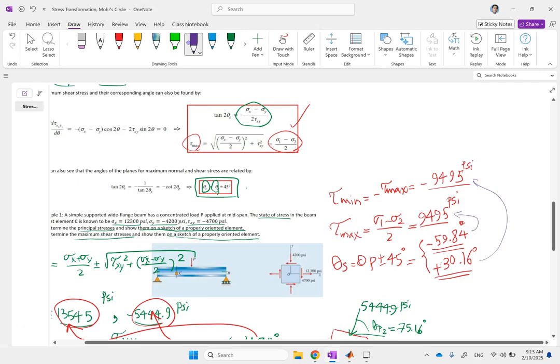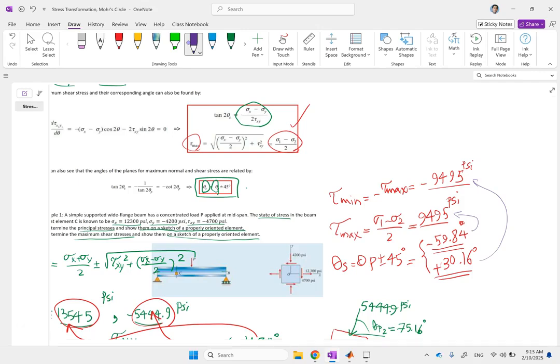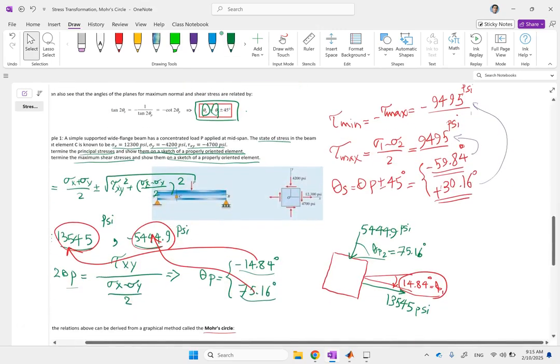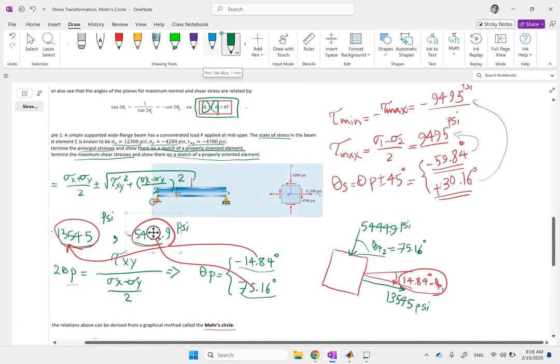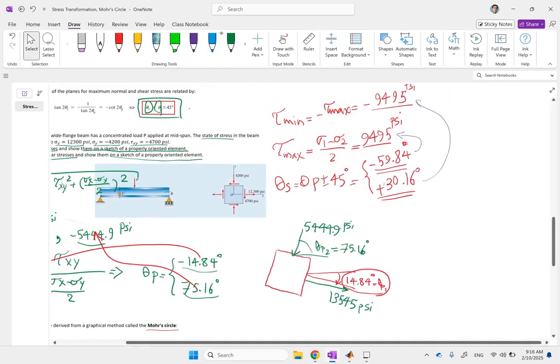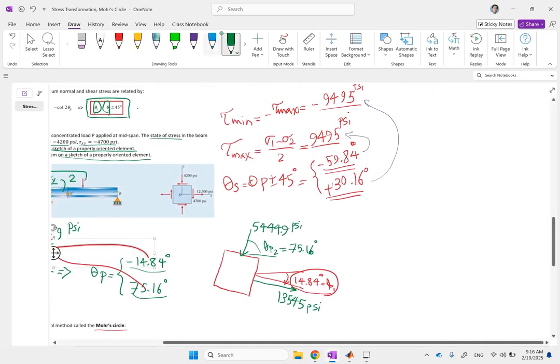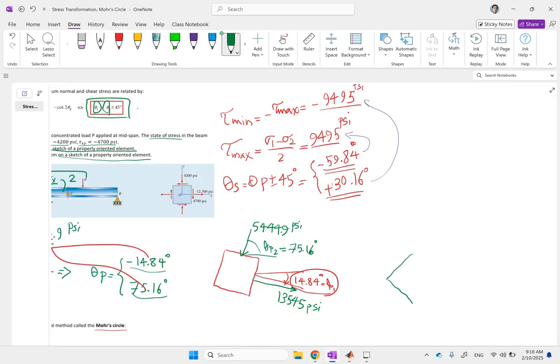And so this should correspond to this one. Good. Now the question is, what is the normal stress on the planes that have shear stress? So first let's plot this. This time the planes that have maximum shear stress are at these angles, negative 59 and basically positive 30 degrees. So here I have to rotate it even more like this.